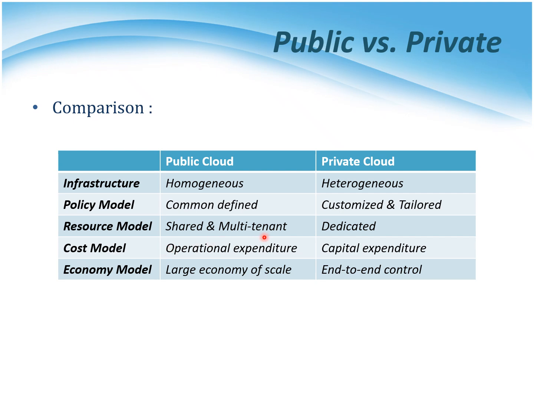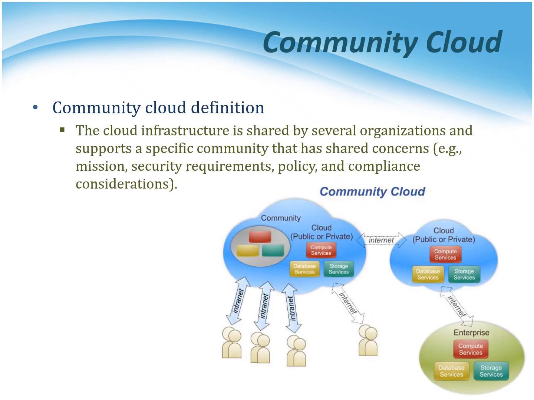Resource model shared and multi-tenant, it is dedicated to the particular enterprises. Cost model operational expenditure, capital expenditure, because that has to be within that enterprise only. So economy model, large economy of scale, end-to-end control. So public cloud, anyone can access that public cloud. Private cloud, access will be limited to those who own that.